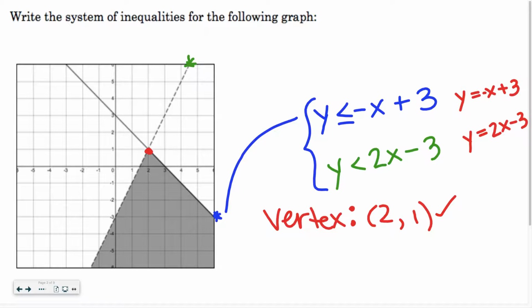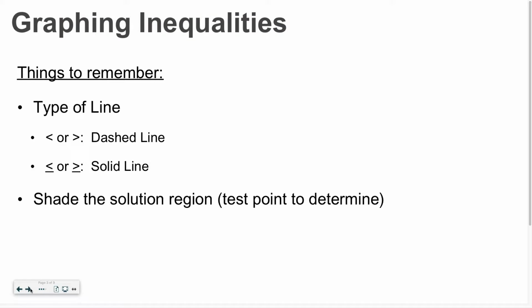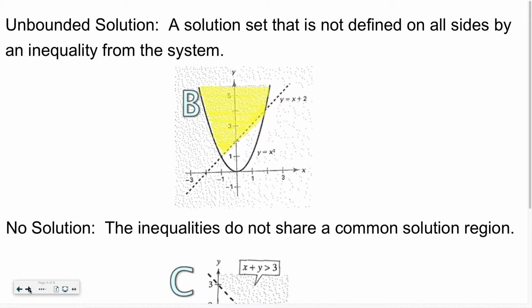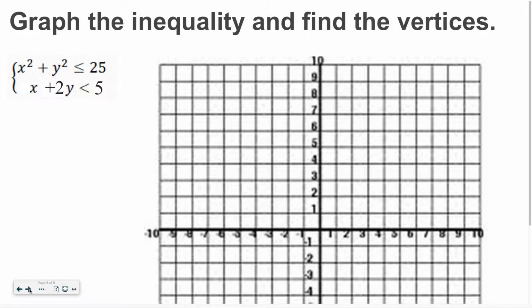Okay. So we're going to do one example that's a little different from the rest. X squared plus y squared is less than or equal to 25.